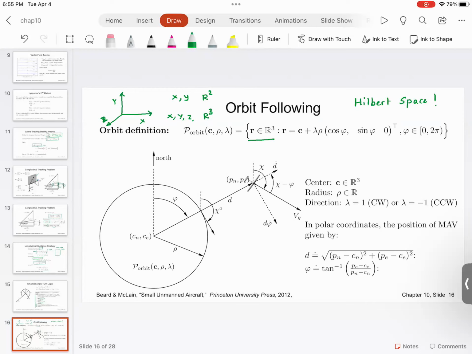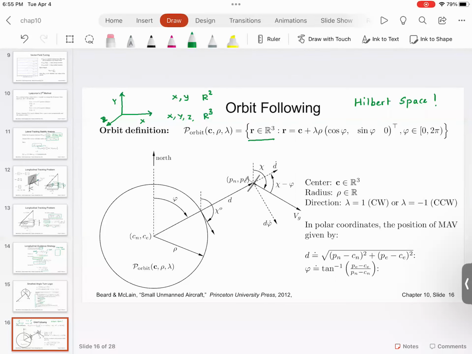We may not be able to draw it, but in mathematical structure, that vector exists somewhere. Where does that exist? We know a 2-dimensional vector will exist in R2, a 3-dimensional vector will exist in R3, and 4-, 5-, 6-dimensional vectors will be defined in R4, R5, R6, R7, R8. Those vector spaces are Hilbert spaces.